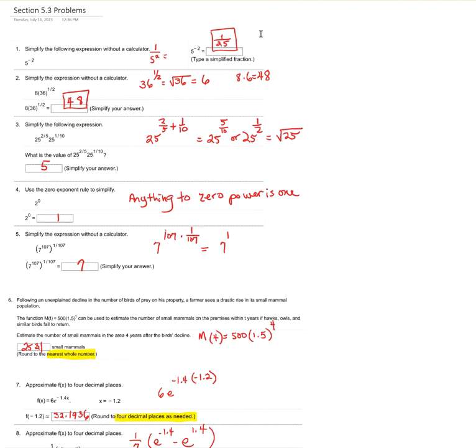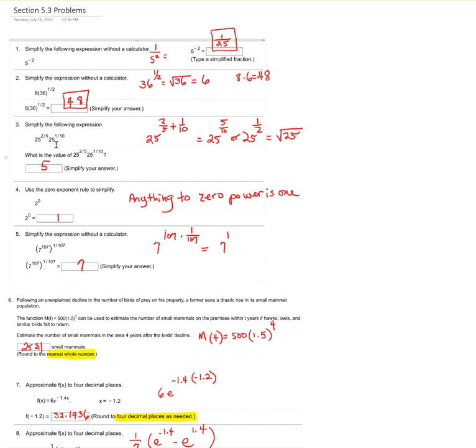That's 1 over 5 squared, so that's 1 over 25. If you have 8 times 36 to the 1/2, we need to remember that 36 to the 1/2 is the square root of 36, which is 6. So 8 times 6 is 48. So we can do these without our calculator.